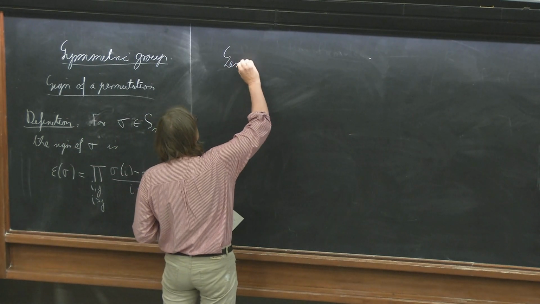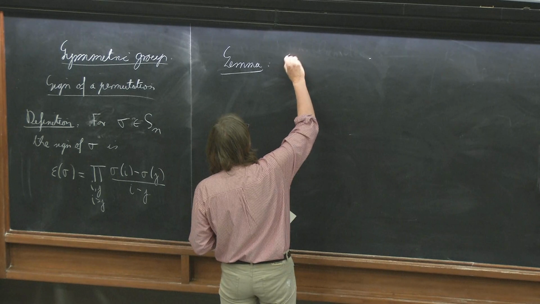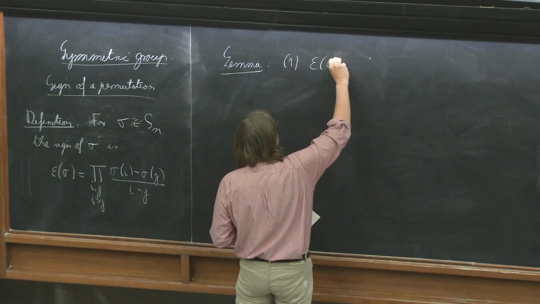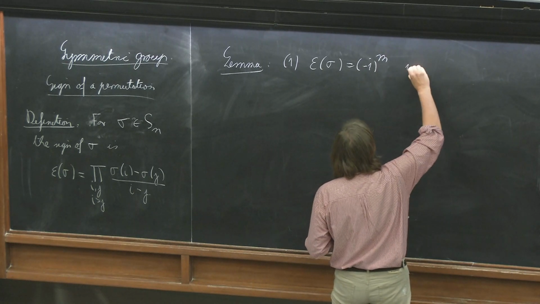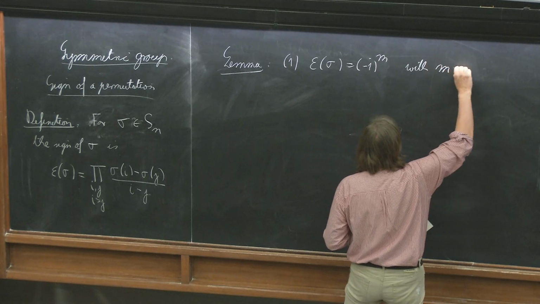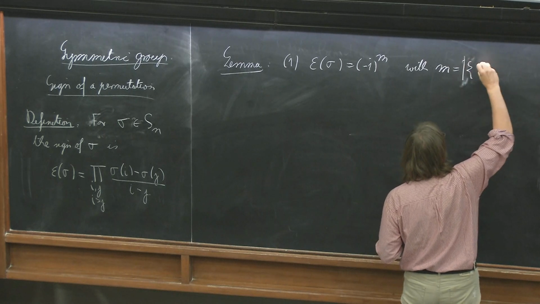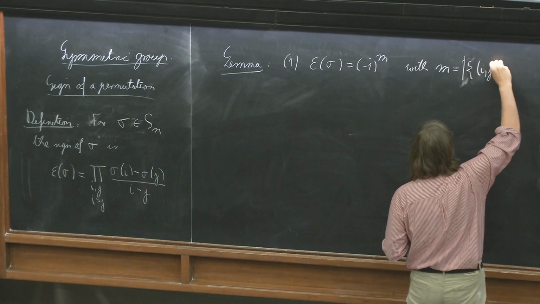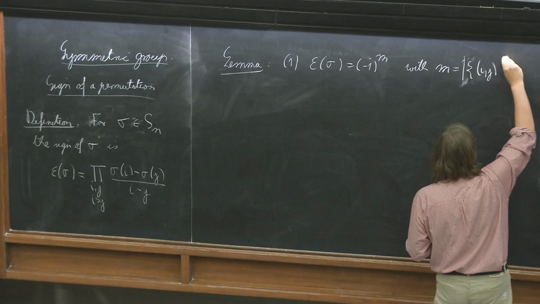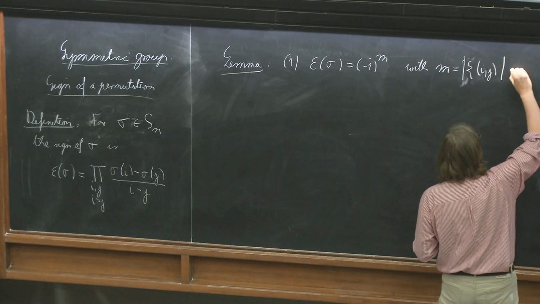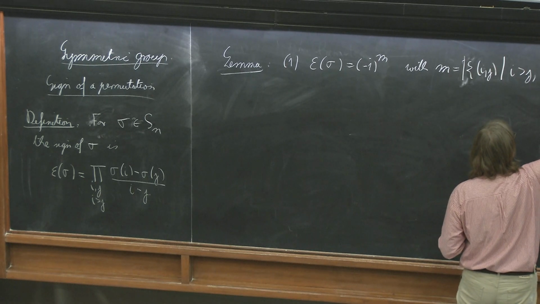Now, however, we have the following lemma. First, it is a sign: epsilon of sigma is (-1)^m, where m is the number of all pairs i, j in the set {1, ..., n}, with i bigger than j and sigma(i) smaller than sigma(j).